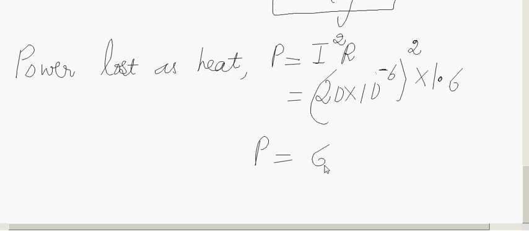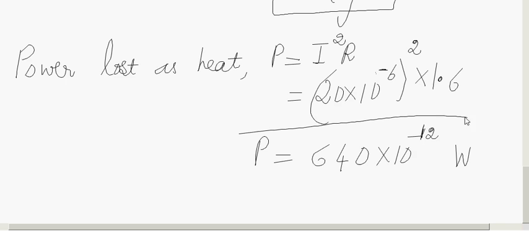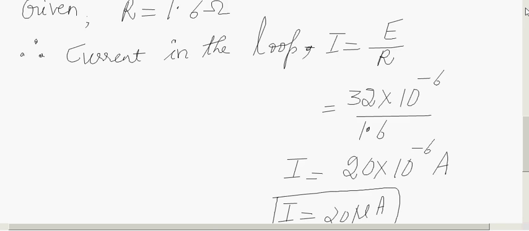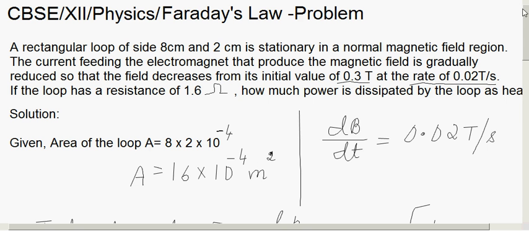Now this will come around 640 into 10 to the power minus 12. Minus 6 squared will give you minus 12. Unit is watts. The power lost as heat is 640 into 10 to the power minus 12 watts.